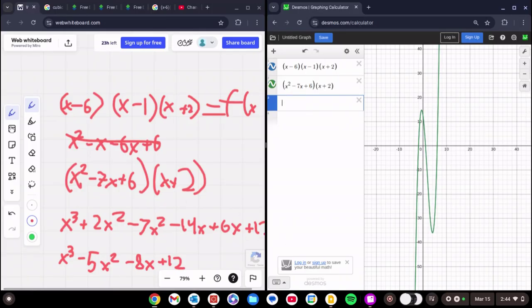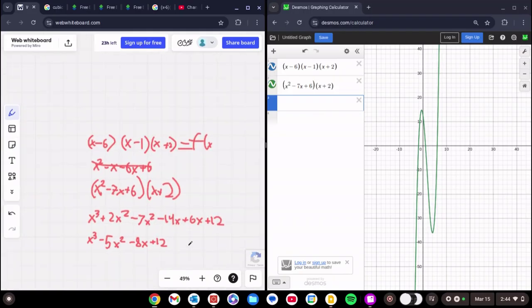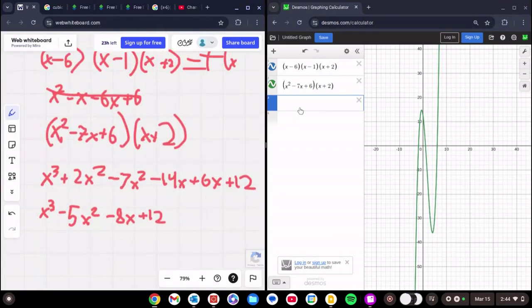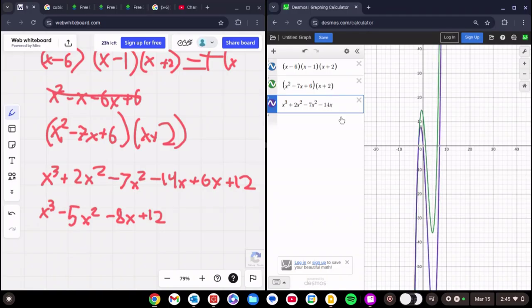So let's take this big ugly one right here. Can I deselect my... I'm just going to have to move or zoom in and out to move things around. So here we have x, oh my gosh, what did I just do? X cubed here, here, here, 6x plus 12.